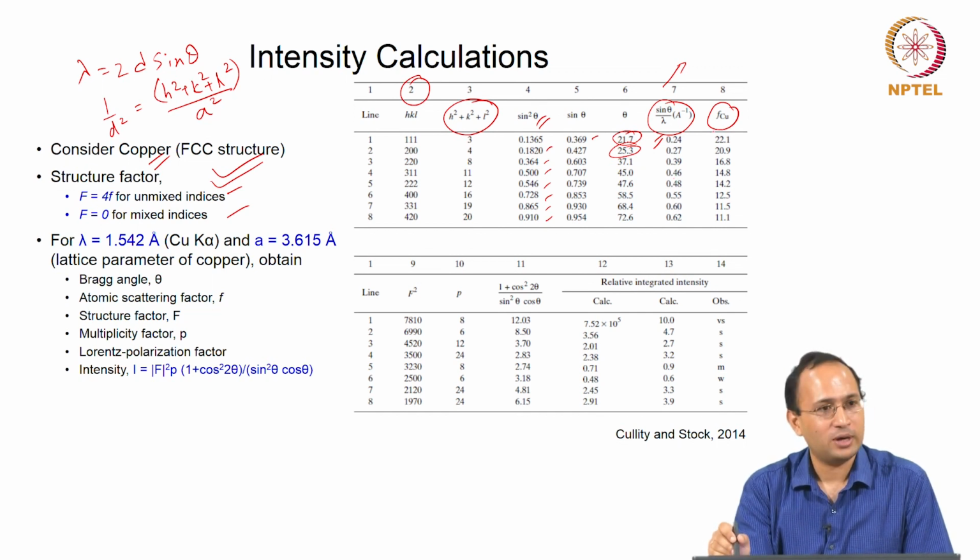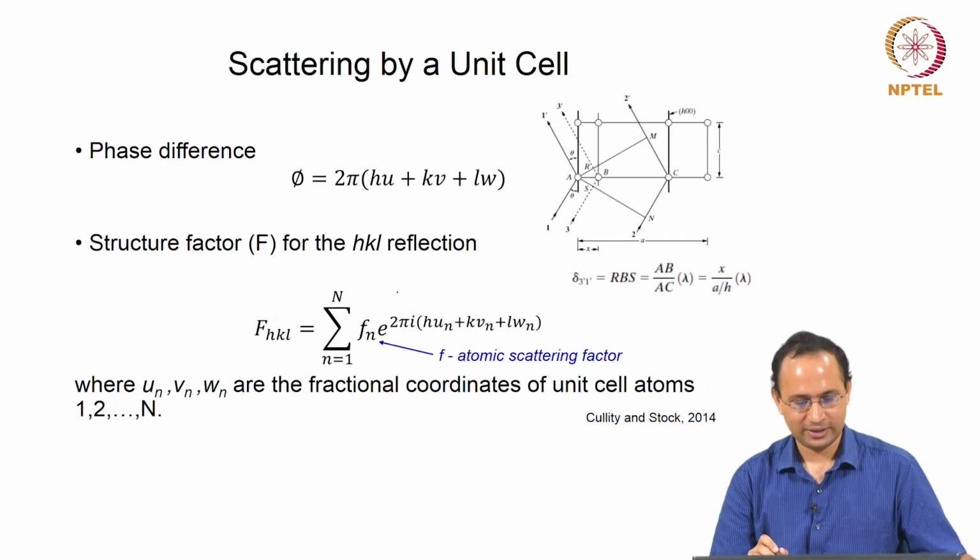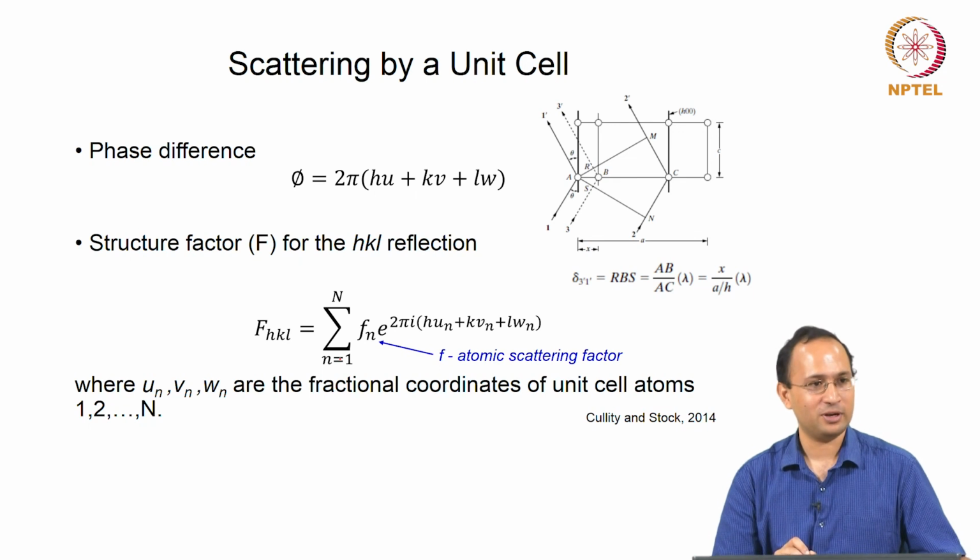Now you know everything to calculate the structure factor, capital F, we are talking about capital F square. Again, let me just go back. This is the expression for the structure factor.